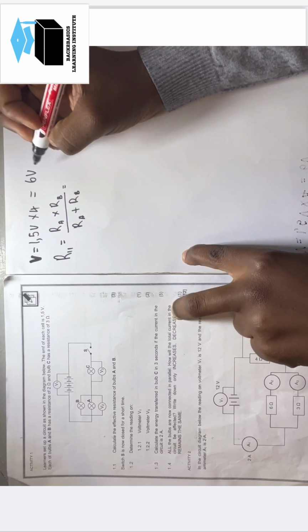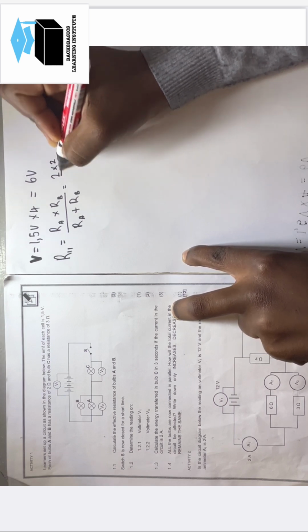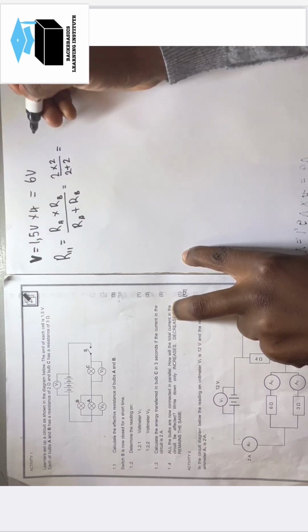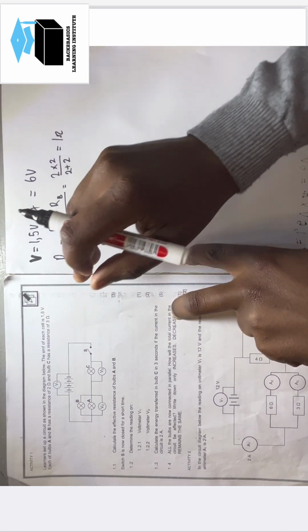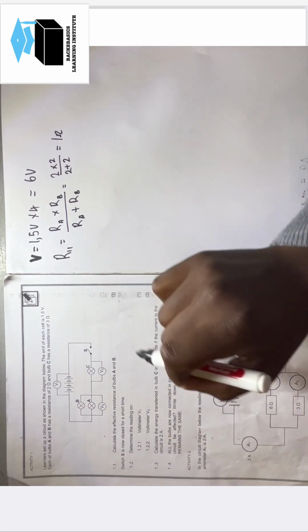They said both of them are 2. So this is 2 multiplied by 2 over 2 plus 2, which means your R parallel is going to give you 1 ohm. Are you together? So that's going to be your R parallel.